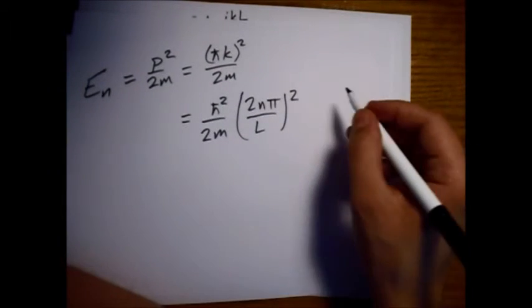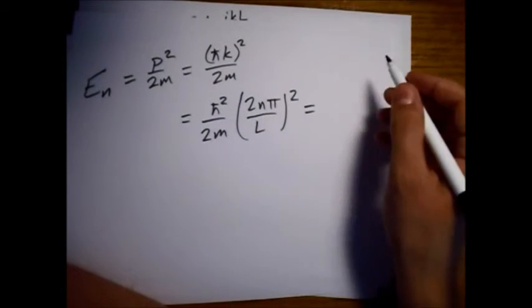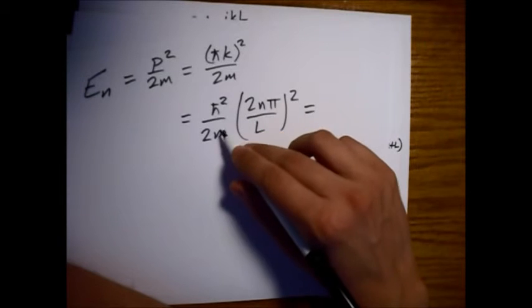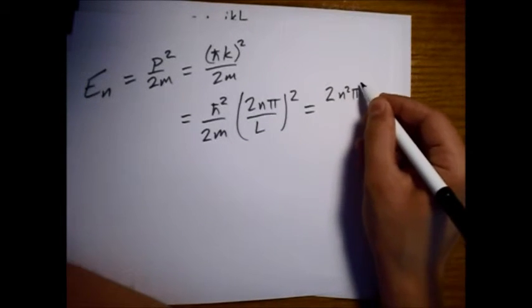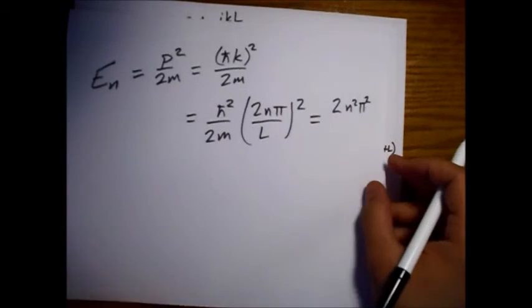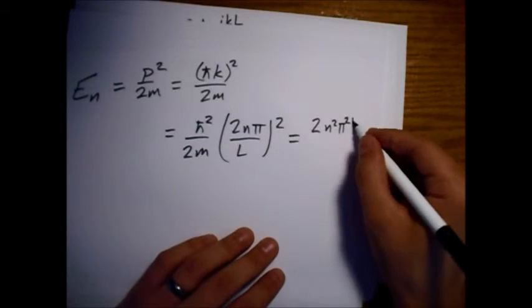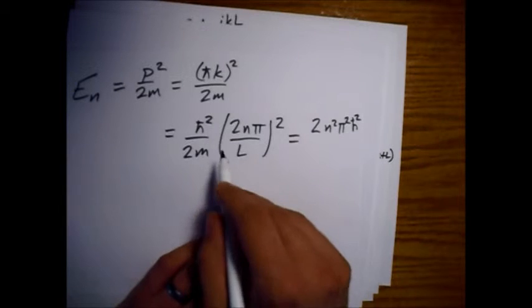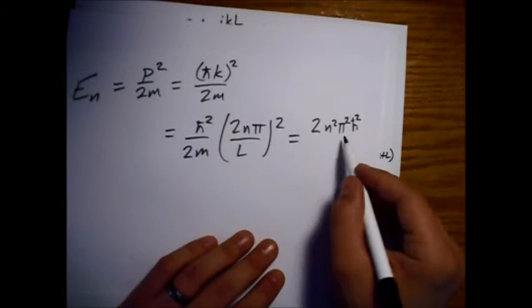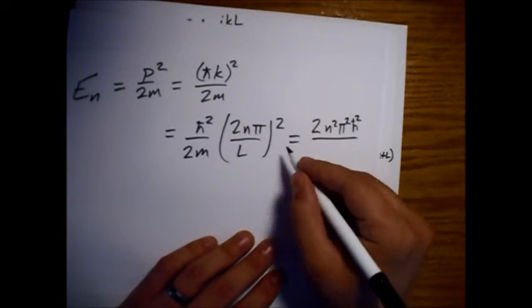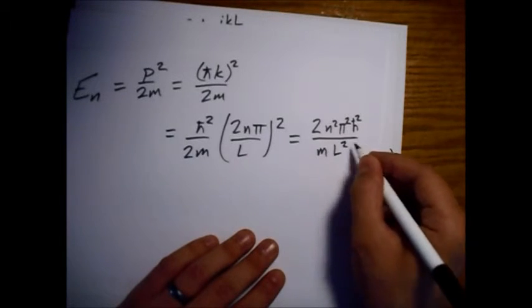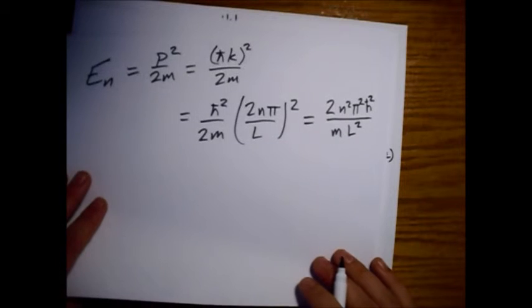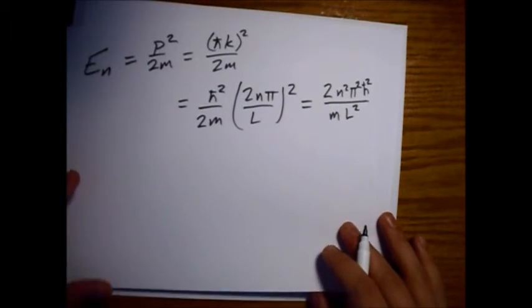All right, so this is equal to, we will have a 2 on the top, and n squared pi squared, h bar squared, okay, and then we have an m on the bottom, and an L squared.